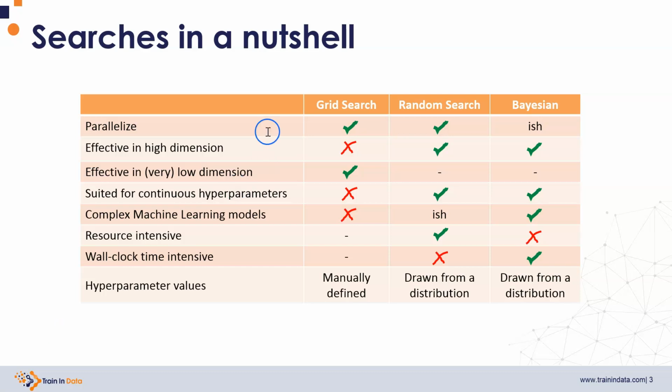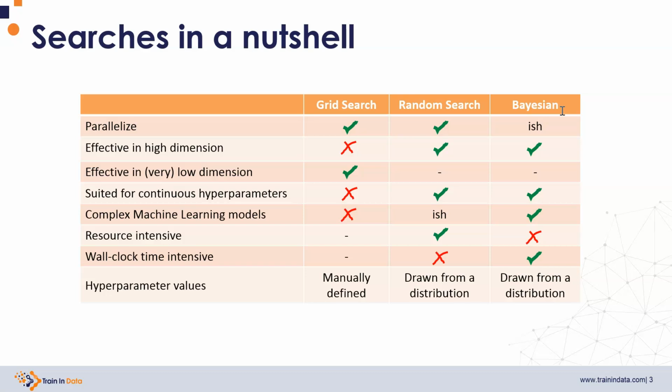For example, we've seen that grid search and random search are fully parallelizable because each hyperparameter combination is evaluated independently of the others. So we can run all the models in parallel. But Bayesian optimization is not fully parallelizable because Bayesian optimization capitalizes on selecting hyperparameters based on the evidence that we have so far.